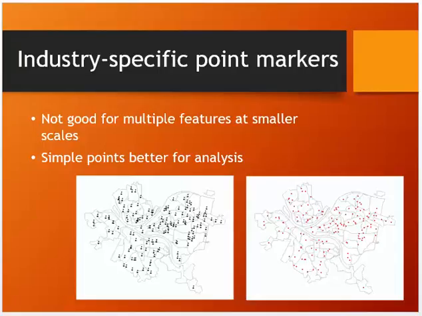But at a small scale, remember, small scale, big map; large scale, small map. Small scale, it's going to get jumbled really fast if you're using some weird industry-specific point marker to symbolize your points. So they're better for large-scale maps, so showing small areas, lots of detail.